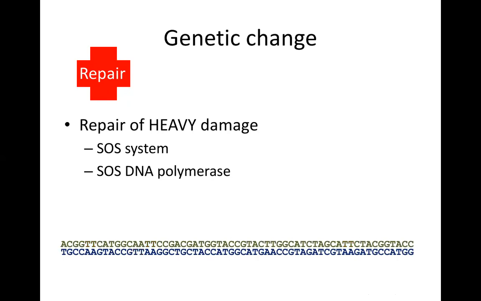And then my favorite repair that is only in prokaryotic cells is SOS repair, right? So SOS, you guys have probably heard of that. Save our ship. That's a distress call that a sinking ship puts out, or sinking ships used to put out, and I assume that applies to other forms of transportation now. But it's an extreme emergency, right?